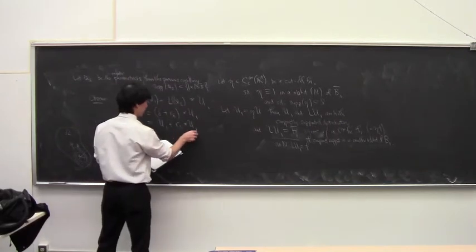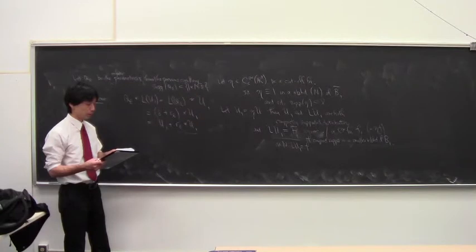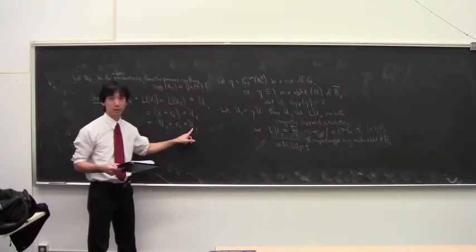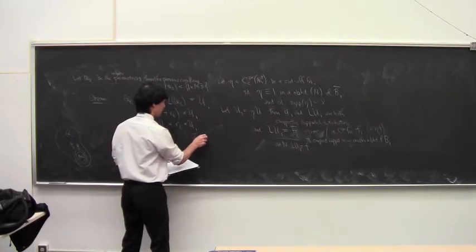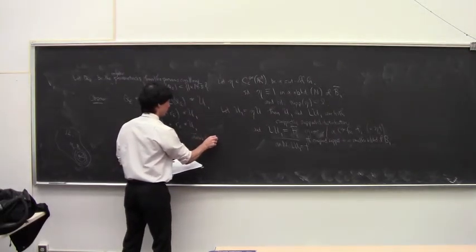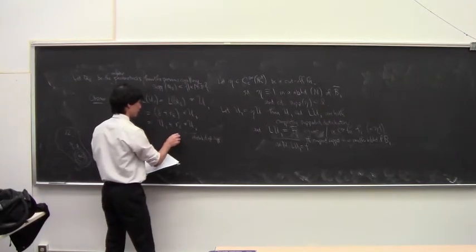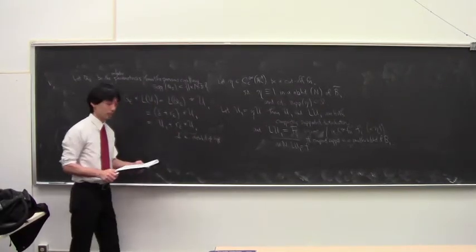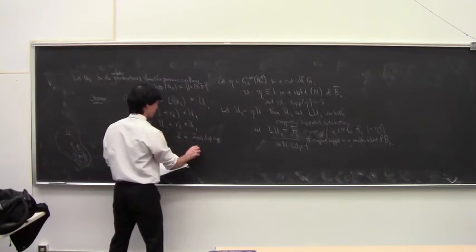This thing is a distribution of compact support convolved with a Schwartz function, and so that gives you a C infinity function.